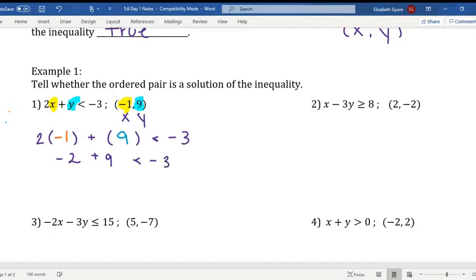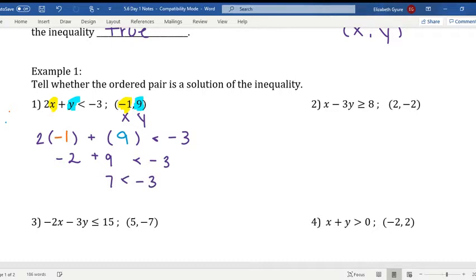Is less than -3. Now we have to simplify one more time. -2 plus 9. Somebody tell me, what is -2 plus 9? Come on, guys. What's -2 plus 9? 7. And 7 is less than -3.